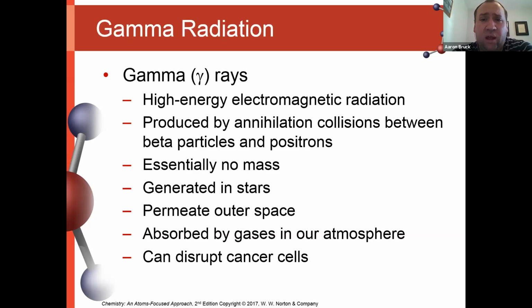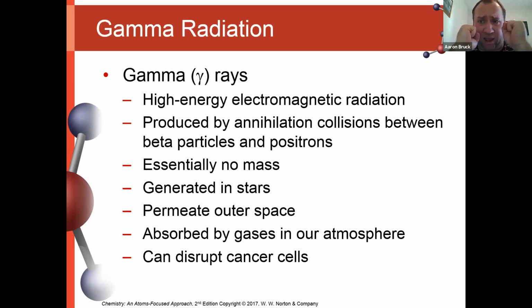And so gamma rays are high energy electromagnetic radiation. They come about as a result of annihilation reactions. An annihilation reaction is when we have two particles that are basically antimatter of each other.